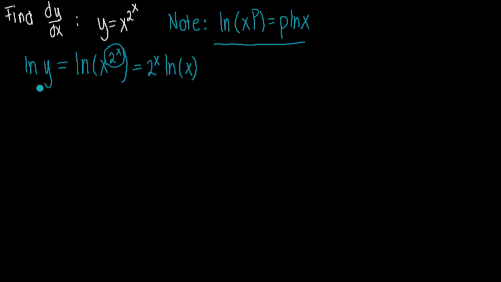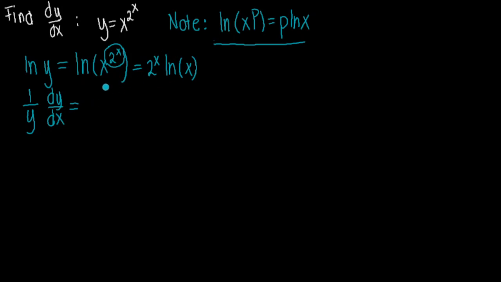Now, the next step is to take the derivative of both sides by implicit differentiation. The derivative of ln y is just 1 over y times dy over dx, which is equal to the derivative of this expression on our right hand side with respect to x.